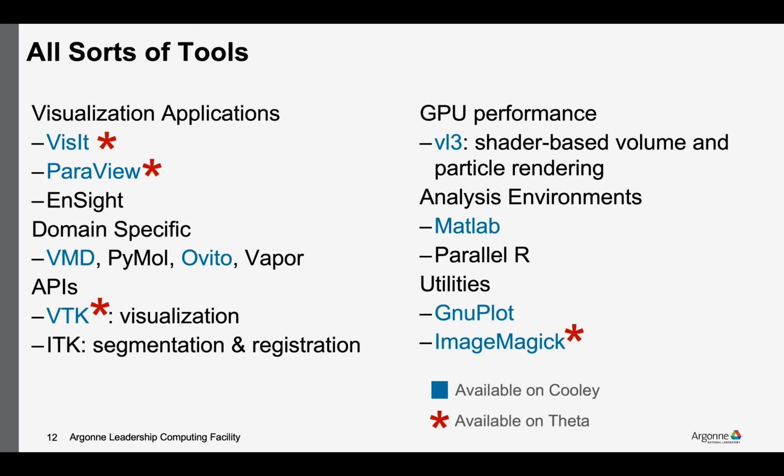ITK is another for doing segmentation and registration. I mentioned some that are geared for GPU performance. So we have an OpenGL shader-based application that we use in house that's geared for doing volume and particle rendering. Lots of analysis tools, MATLAB, Parallel R, and other utilities as well. And as I mentioned, this is not by any means an exhaustive list, but just some examples.